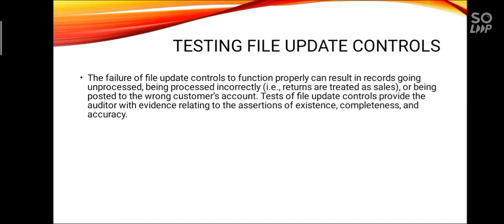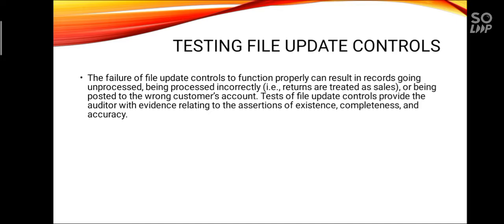Testing file update controls. The failure of file update controls to function properly can result in records going unprocessed, being processed incorrectly, or being posted to the wrong customer accounts. Tests of file update controls provide the auditor with evidence relating to the assertions of existence, completeness, and accuracy. Tests of transaction codes and sequence checks can be performed using ITF or the test data approach.